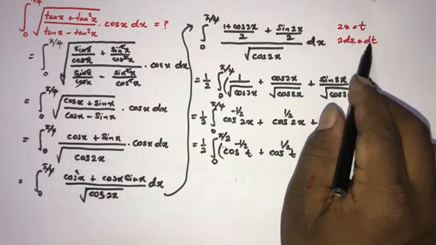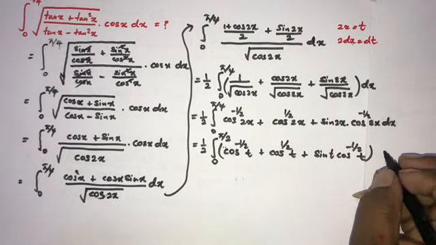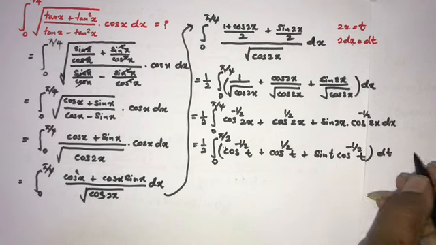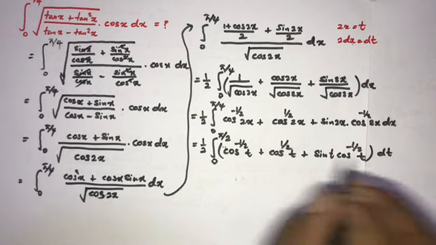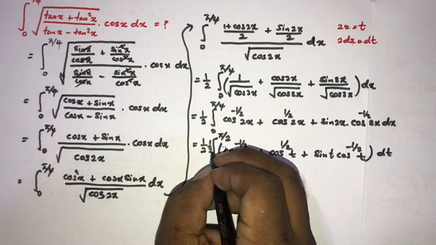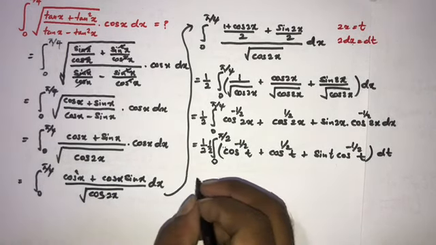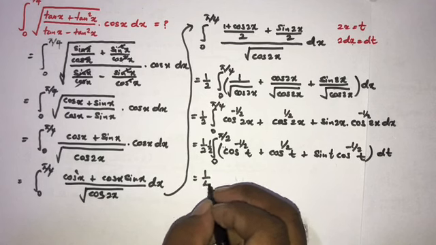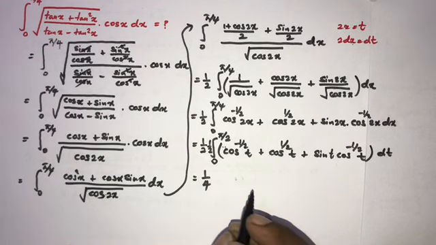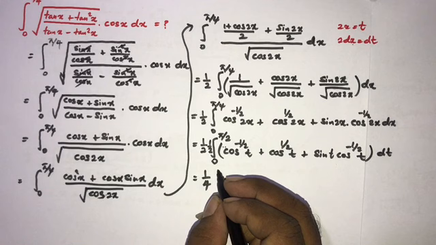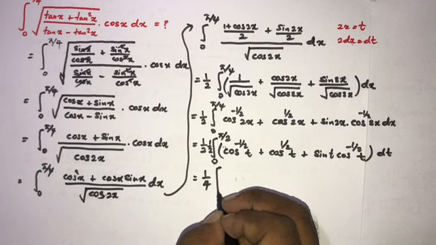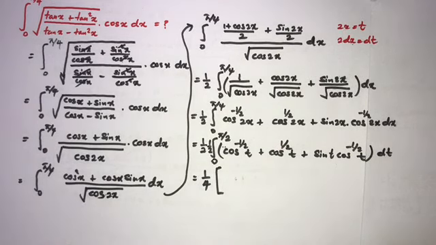We know dx is equal to dt over 2. So here dt over 2, so we can write here again 1 over 2. Well, now we have 1 over 4.